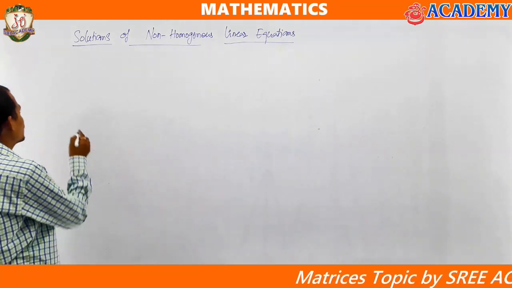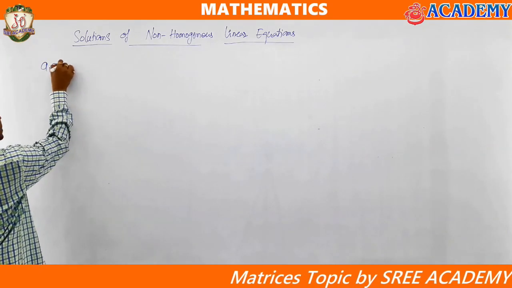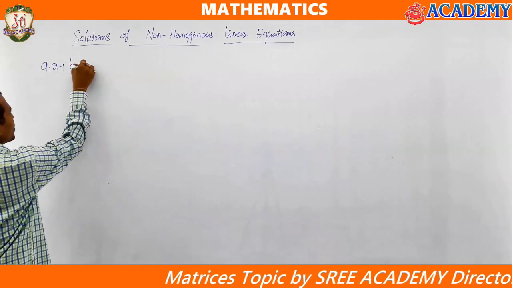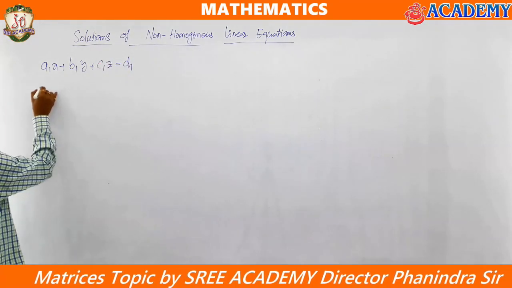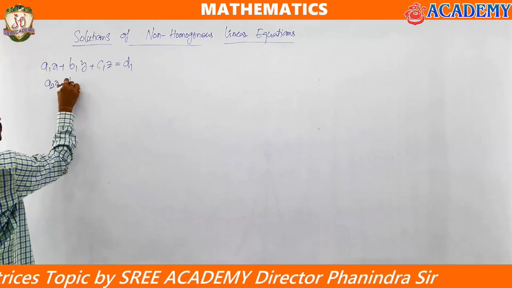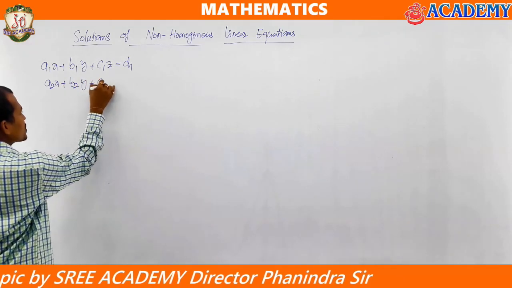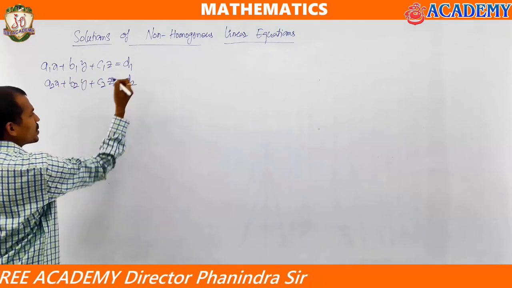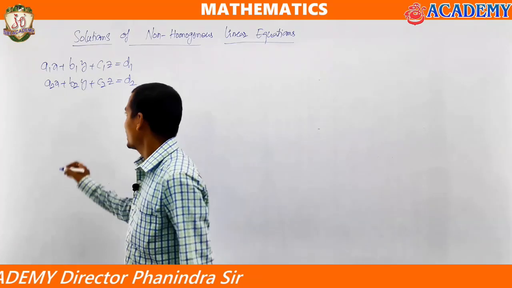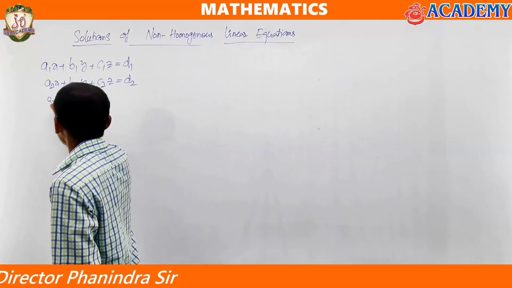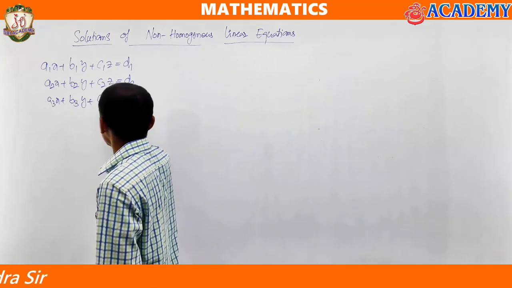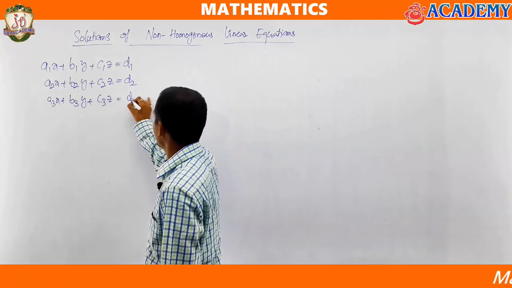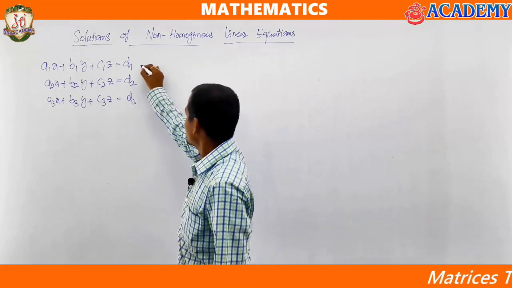Those are a1x plus b1y plus c1z equal to d1, a2x plus b2y plus c2z equal to d2, and a3x plus b3y plus c3z equal to d3. These are the three equations.